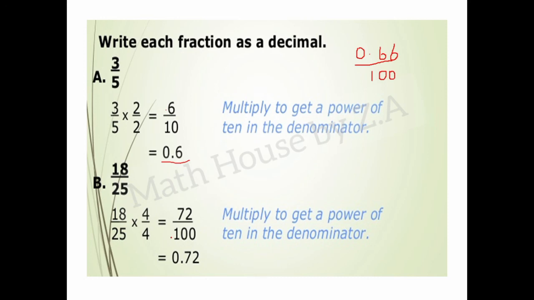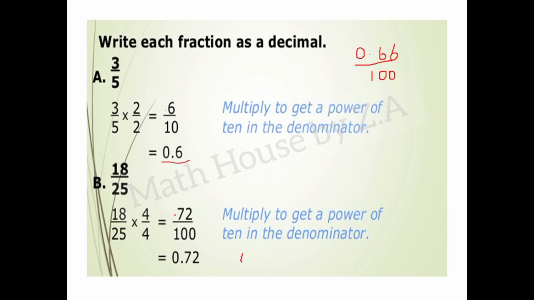So again, in place of the 1 here we put a point, and we know that after the point we have two digits and here we also have two zeros, so directly the answer is 0.72.